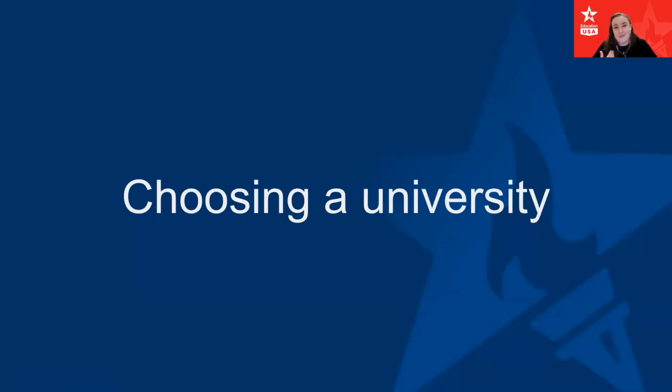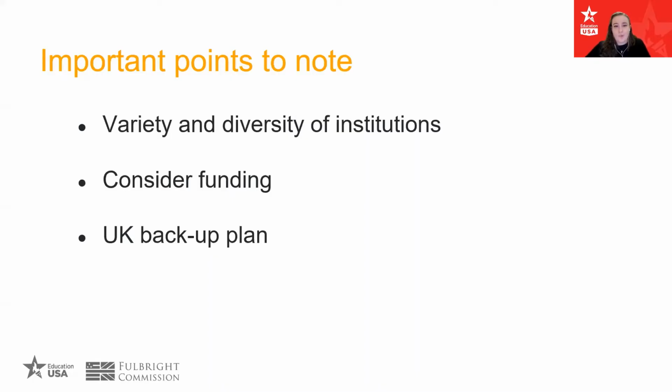As I mentioned, there are over 4,500 US universities, meaning that it can feel a bit overwhelming to narrow down your prospects and your options. But we're going to discuss some strategies and some tools that you can implement to make that process a lot more manageable.